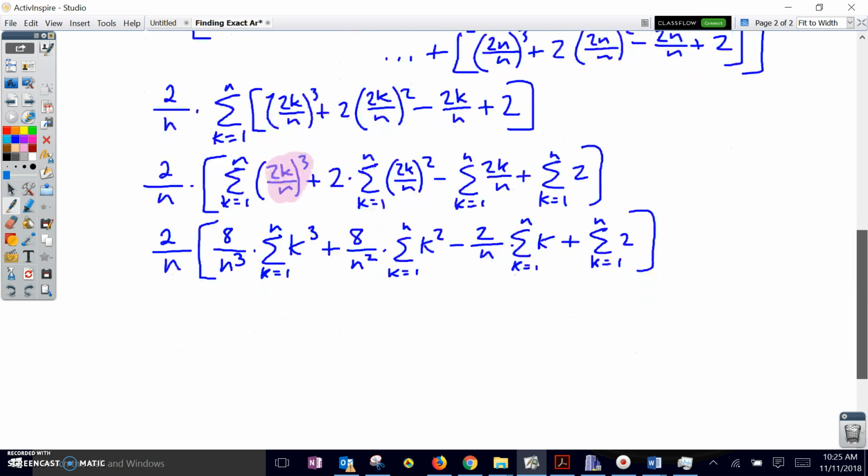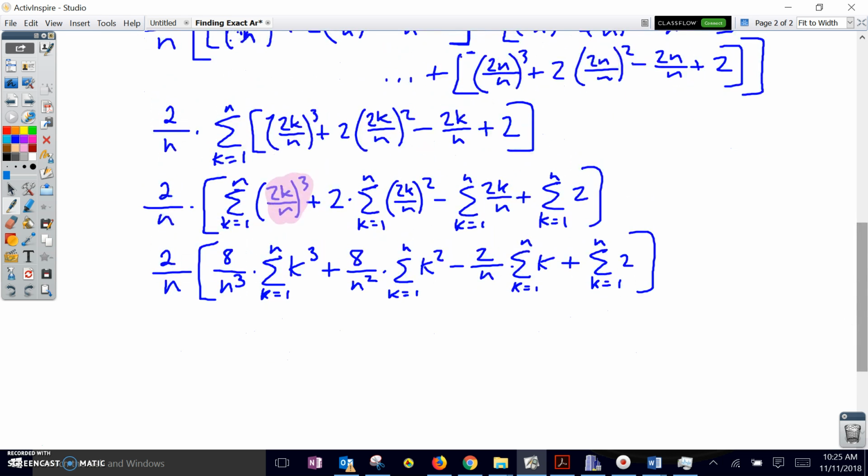And then I'm going to evaluate all of these summations using my rules. So we've got 8 over n cubed times, this is the quantity n times n plus 1 over 2, the quantity squared. So when I square that, that's n squared times n plus 1 squared all over 4.